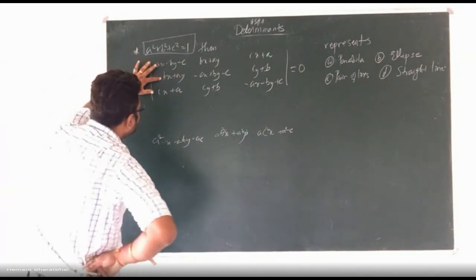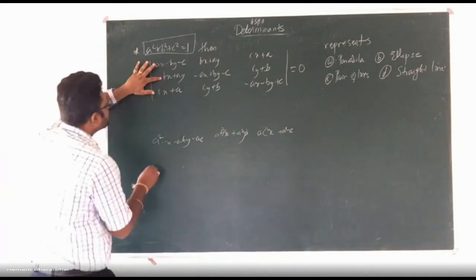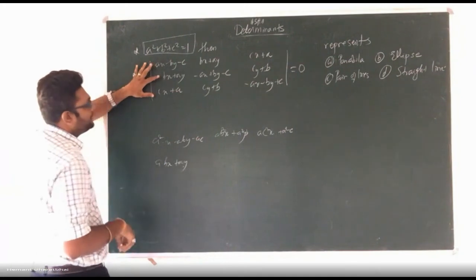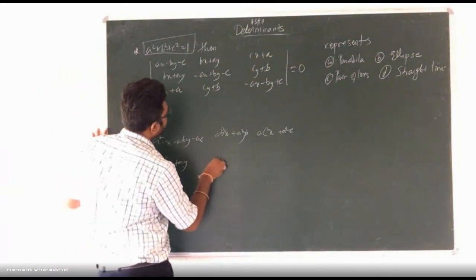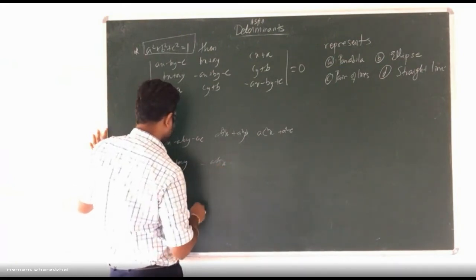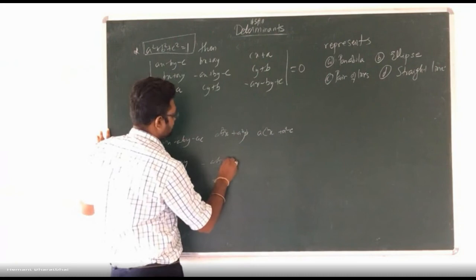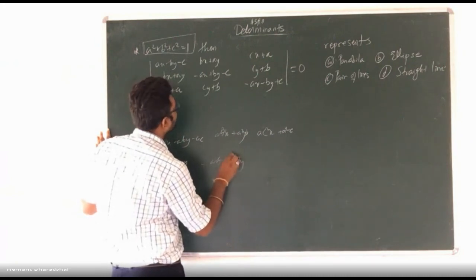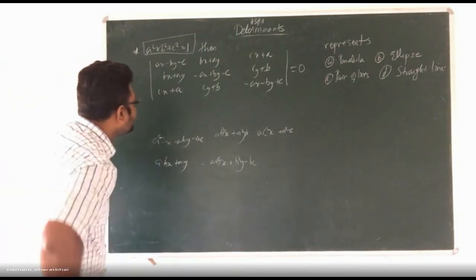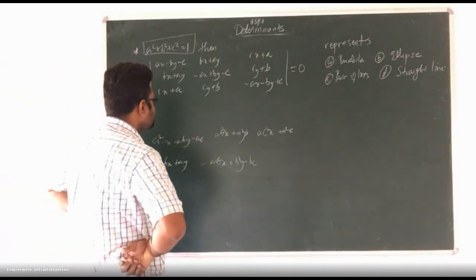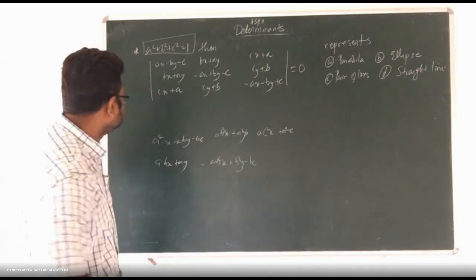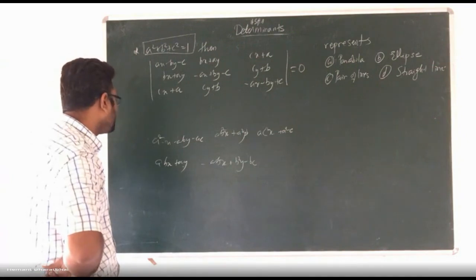Then here I get ABX, ABX plus AY minus ABX plus B square Y minus B. ABX will get cancelled. Here I get A square Y.